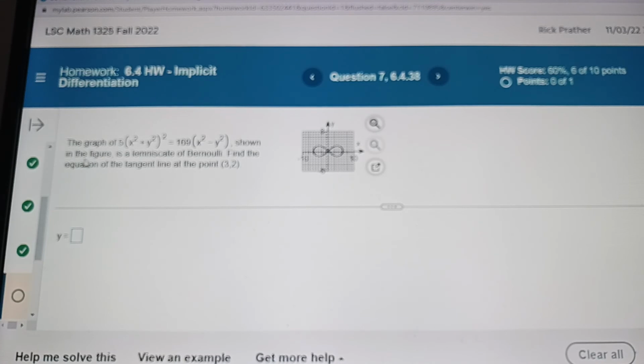Okay, here's a graph of 5 times (x squared plus y squared) squared equals 169 times (x squared minus y squared). This is called a Lemniscate, a figure 8, most people think of it as. And this is also the symbol for infinity, actually. This guy named Bernoulli, he lived a few hundred years ago.